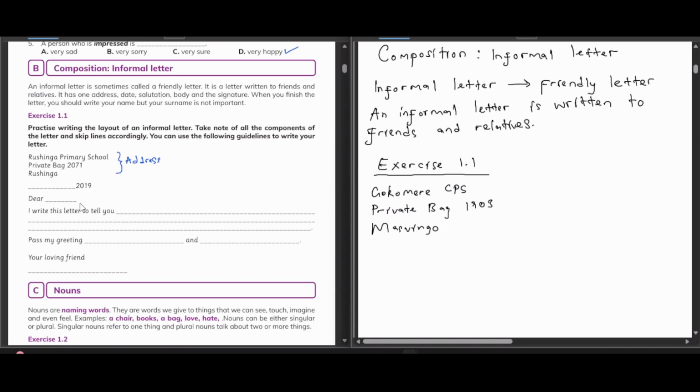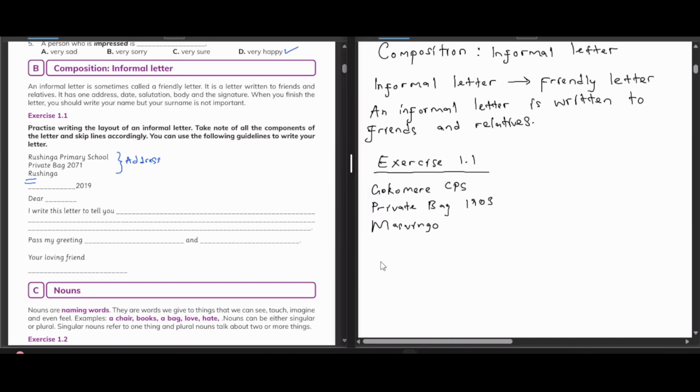After which you have to skip a line here. Skip a line, then you write the date. Today's date is 20. Then we have 11 because it's November 2025. That is the date. You also skip another line, then you write dear, you put the name of your friend. Let us say my friend is Tafara.